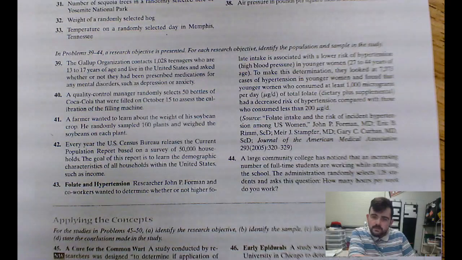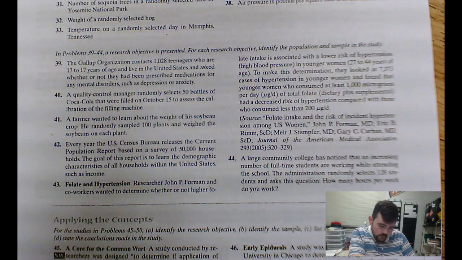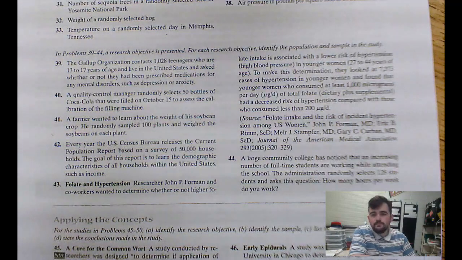To make this determination, they looked at 7,373 cases of hypertension in young women and found that younger women who consumed at least 1,000 micrograms per day of total folate, meaning dietary intake plus supplemental, had a decreased risk of hypertension compared with those who consumed less than 200 micrograms.